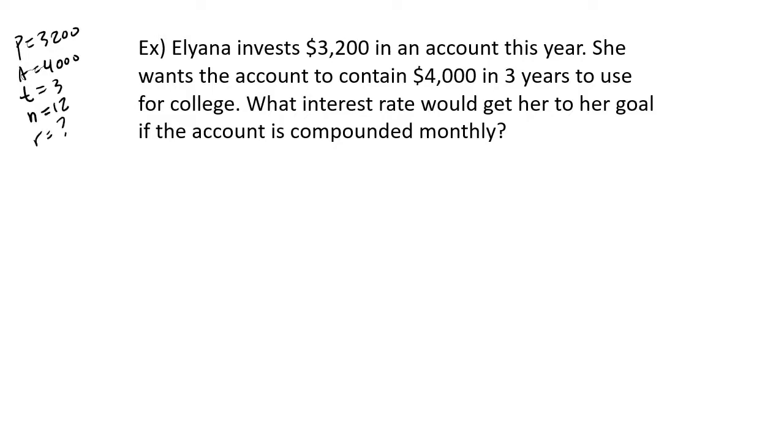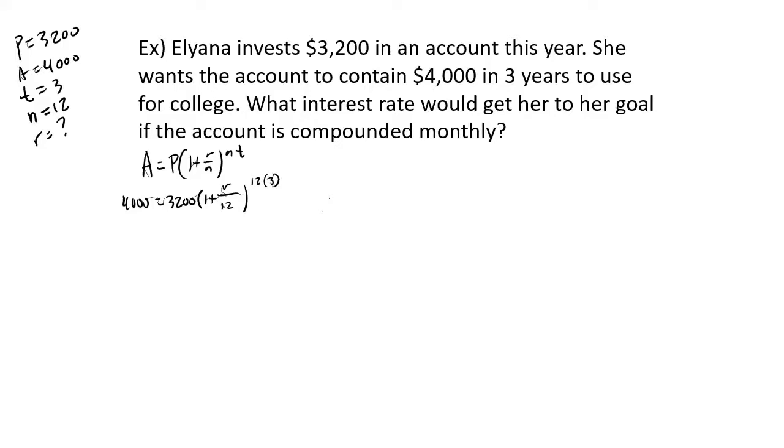Okay, so our formula for this, A is equal to P times (1 plus r divided by n) to the nt power. So we've got 4,000 equals 3,200 times (1 plus r, which we don't know, divided by 12) to the 12 times 3 power.